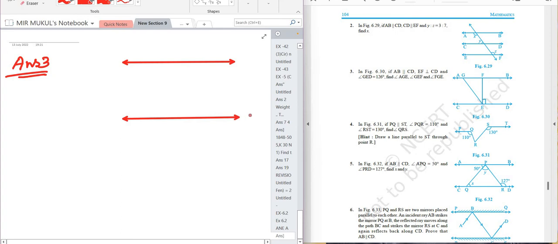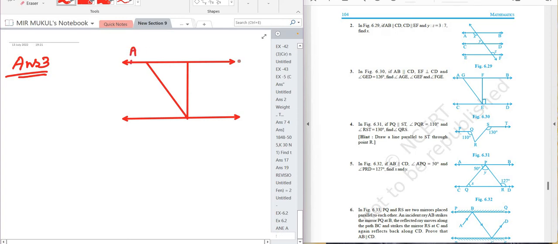These two are the parallel lines. This is the perpendicular line, and G is another line, right? So here give names.